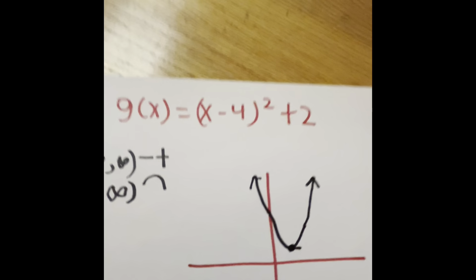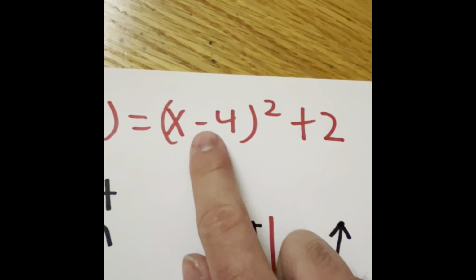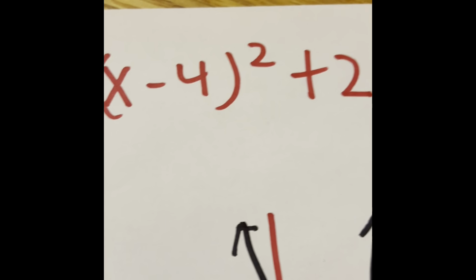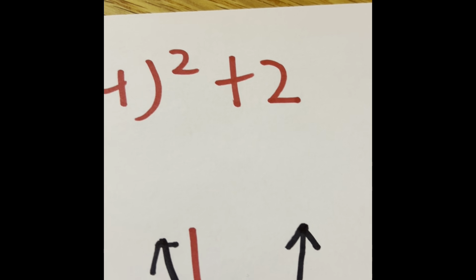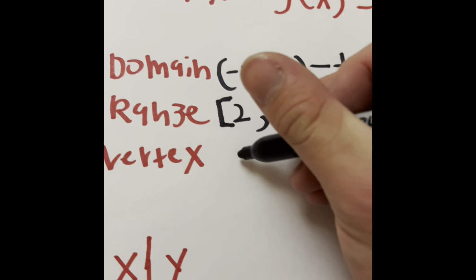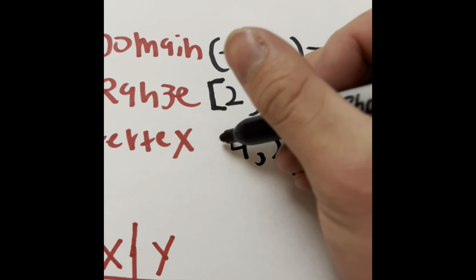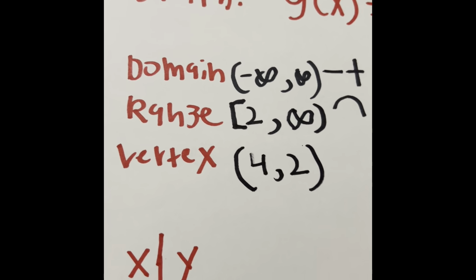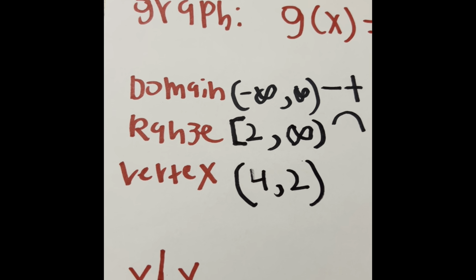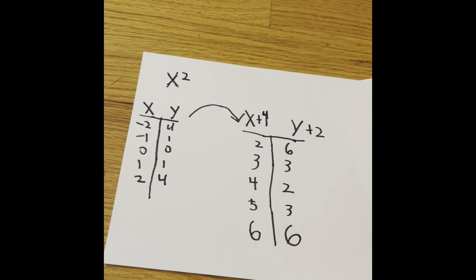The vertex is always going to be the opposite of the operator right over there. But also, it's going to be the number 2 right over there. Meaning that our vertex is going to be 4, comma 2. So that is going to be our vertex. You could actually write the vertex before you actually start doing all this stuff with the calculations.